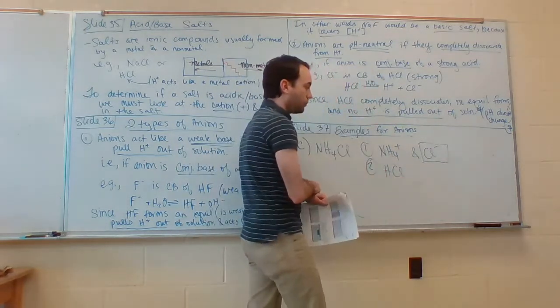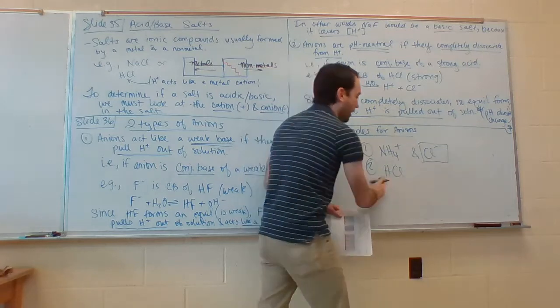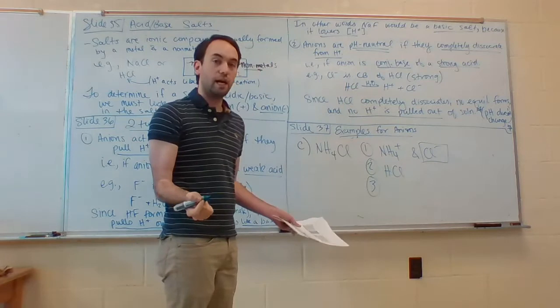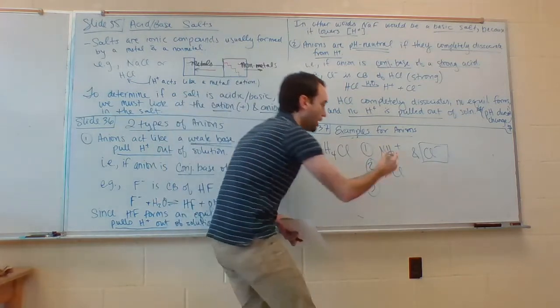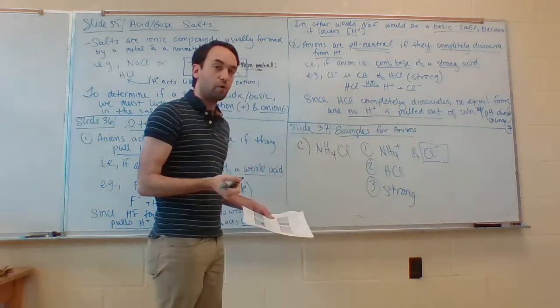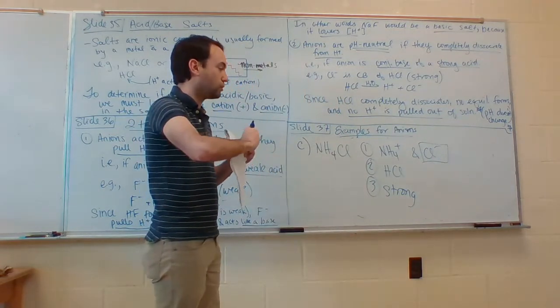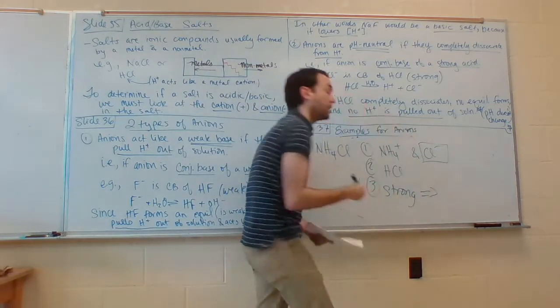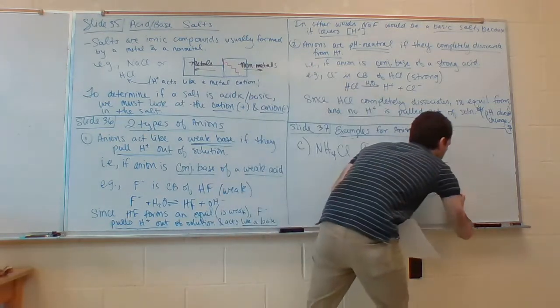Our anion, we added H to that, so we have HCl as our acid. And then we want to know, is HCl a strong or a weak acid? Well, HCl is strong. Be sure that you have memorized which acids are weak or strong. Now, it is a strong acid, which means it's going to completely dissociate.